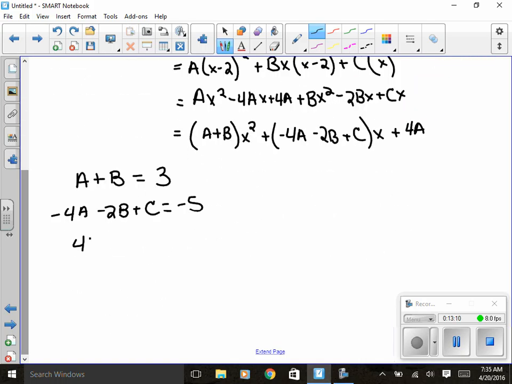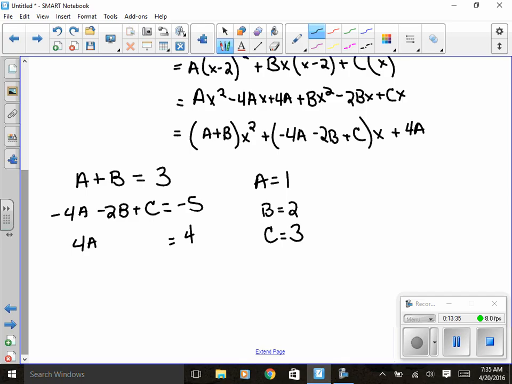Then I have 4a equals 4. So this one, I could set up an inverse matrix, but I can see here that a is by itself, so I can just find a as 1. I'm going to go ahead and plug that into the top equation to get b is 2. When I plug a and b into the middle equation, I get c is 3.